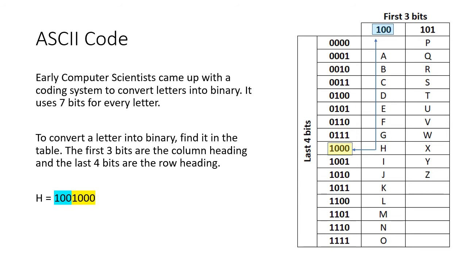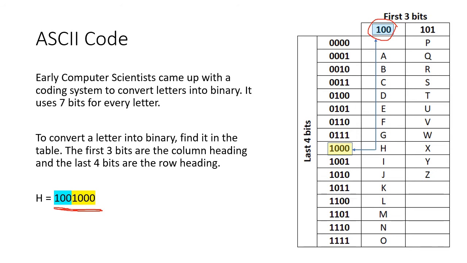So for the letter H, the first 3 bits up here are 100, and the last 4 bits are 1000, and that is the second half. So this here is the full binary value for the letter H.